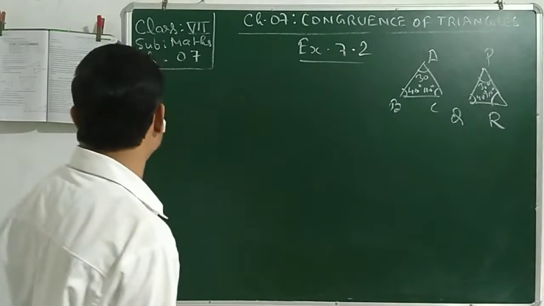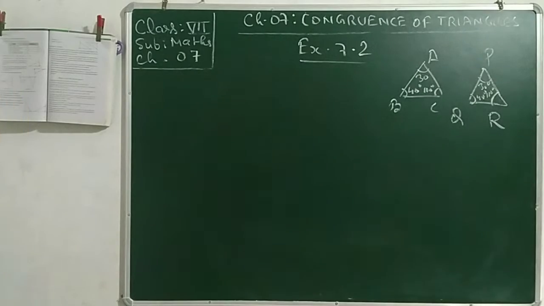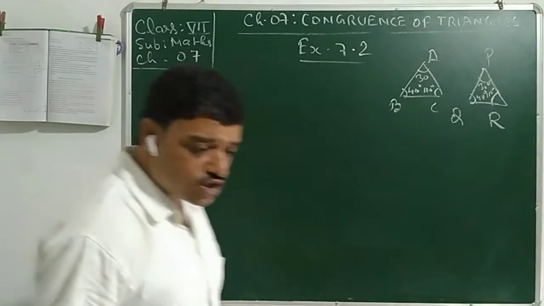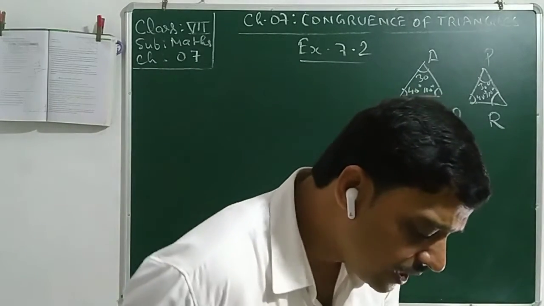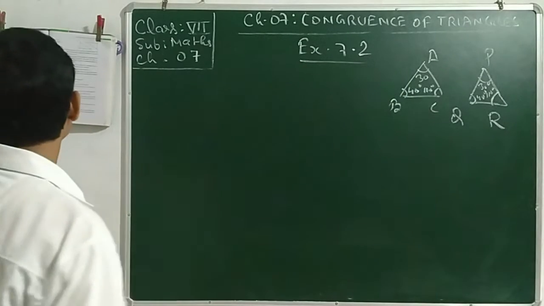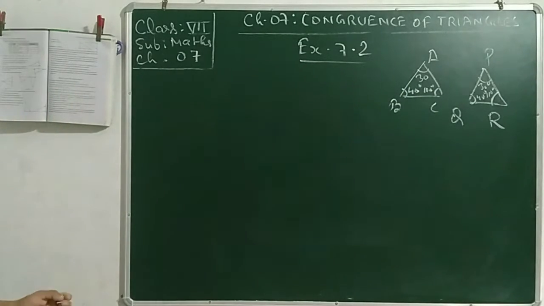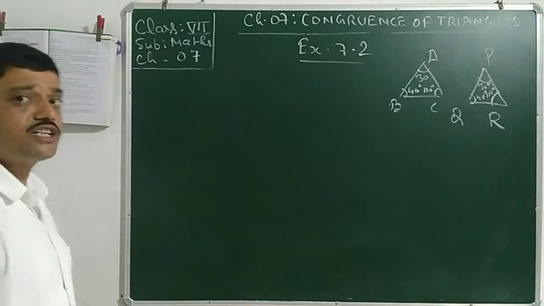A student says that triangle ABC is congruent to triangle PQR by the AAA congruence criterion. Is it justified?